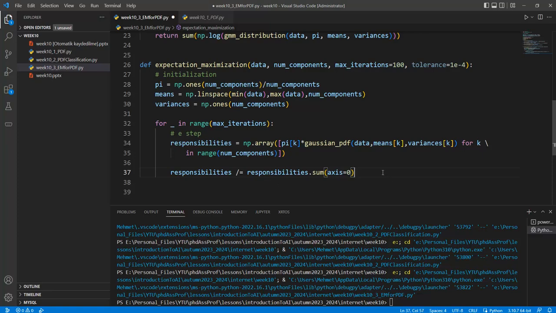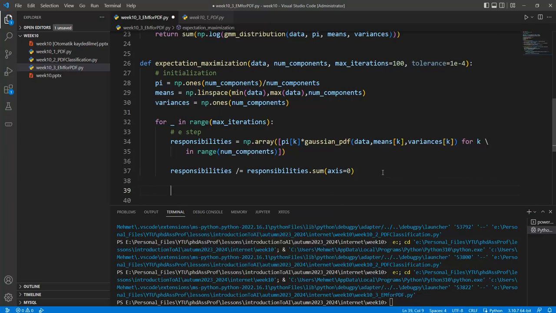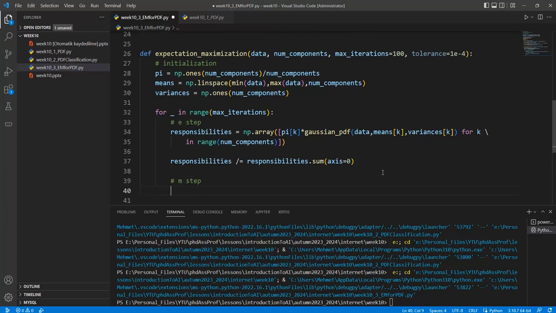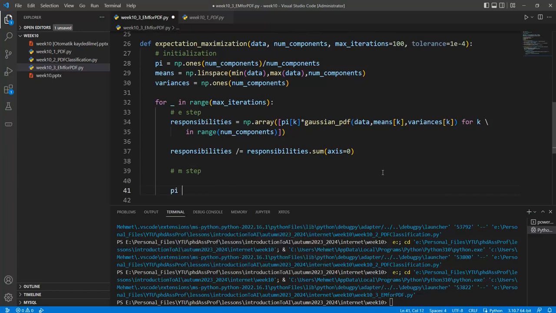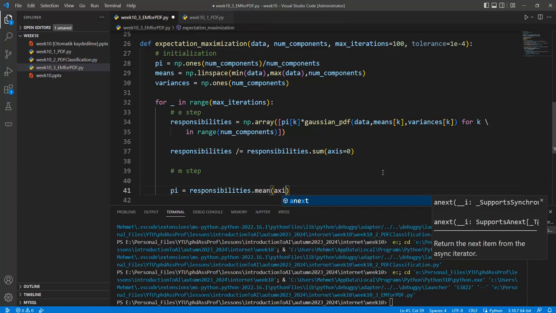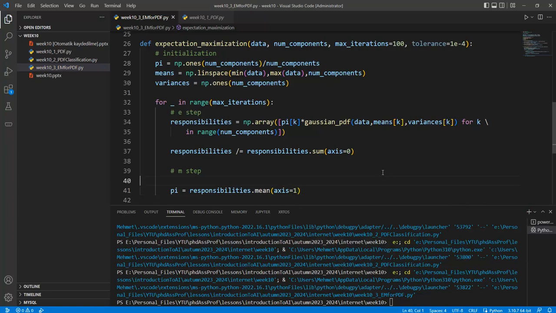And so, how can we create the maximization step? Firstly, pi is equal to the responsibilities mean values at axis 1. No, so this responsibilities is what?